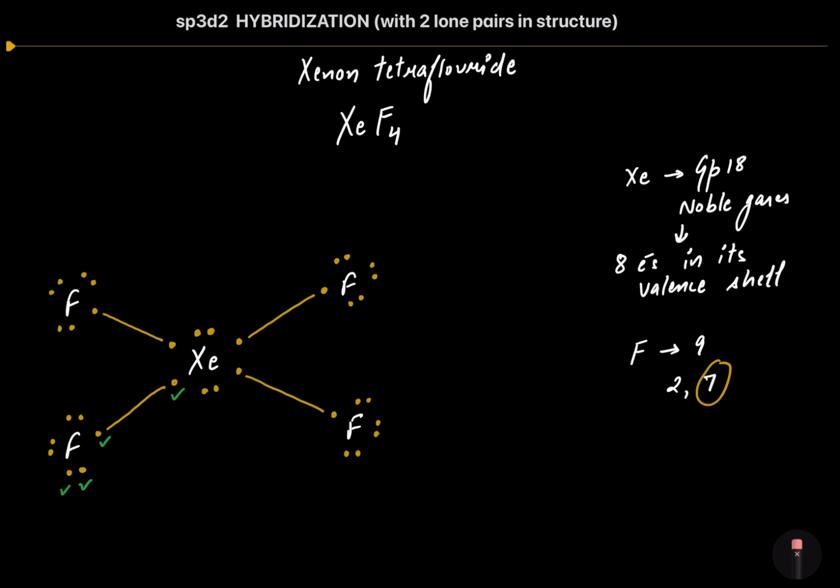Now let's count the number of valence electrons for the third fluorine.